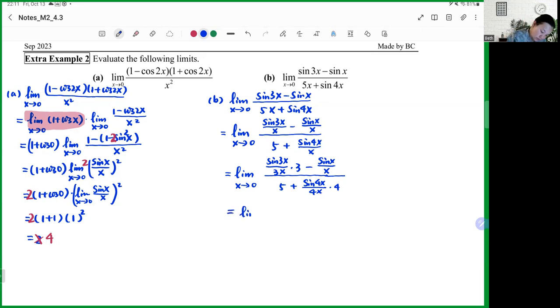So for this one, oh, I don't need to write this again. Now I know that this is 1 times 3 minus 1 over 5 plus 1 times 4. So the answer is 2/9.